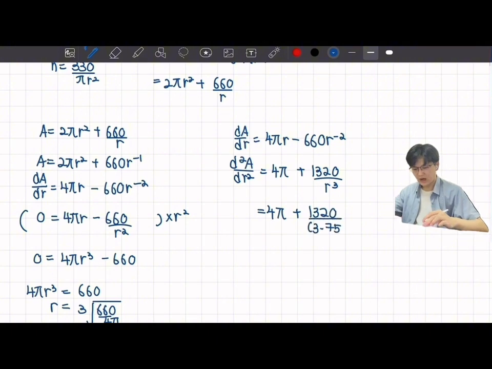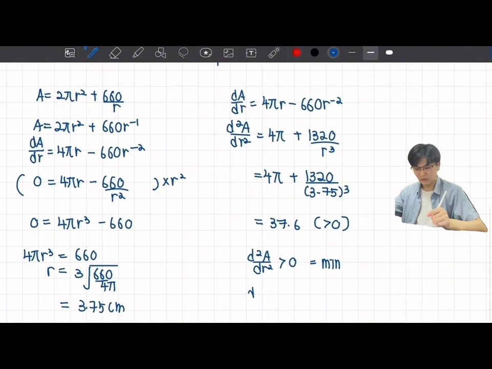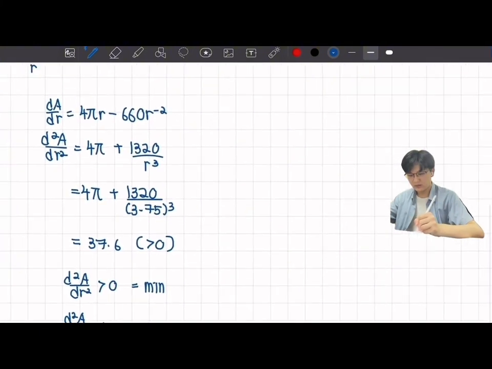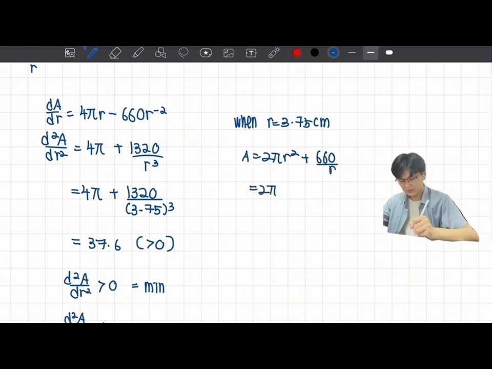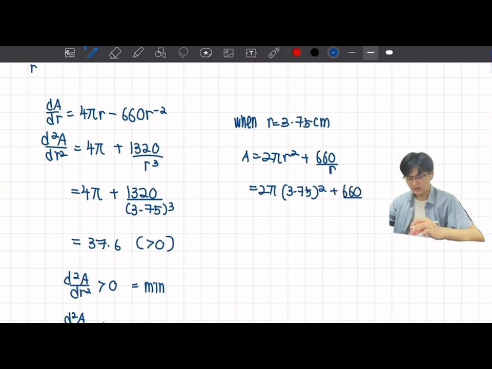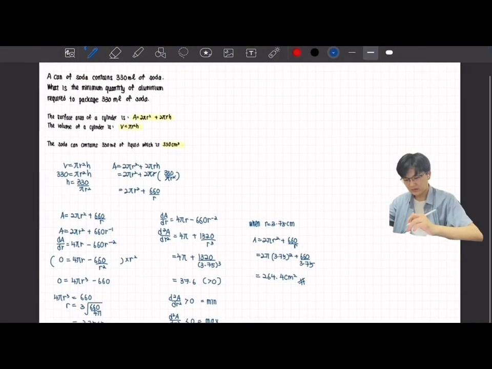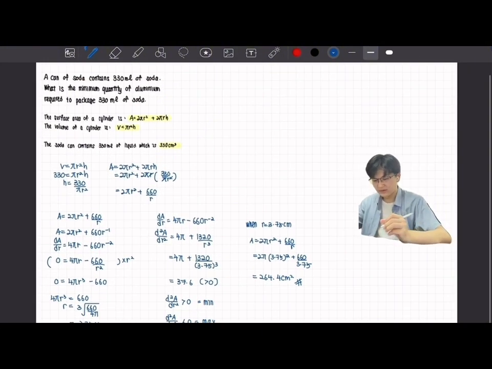So when we substitute r into the second derivative equation, we got the value 37.6, which is a positive value, so it is a minimum point. So we know that r is the minimum value, which is 3.75, and we need to substitute it into the equation of surface area. So we got the final answer, which is 264.4 cm squared. So it is the minimum quantity of aluminum required to package 330 ml of soda.